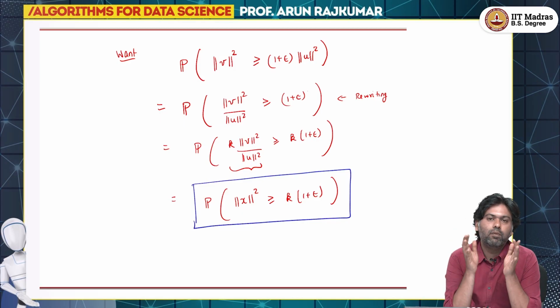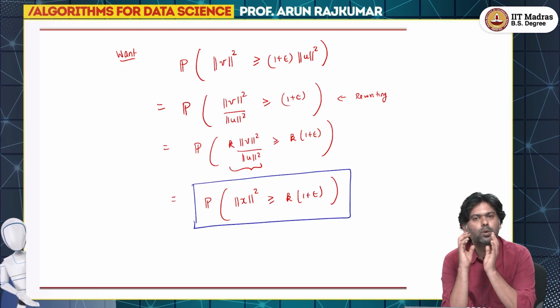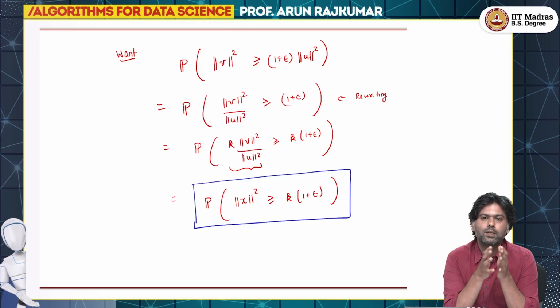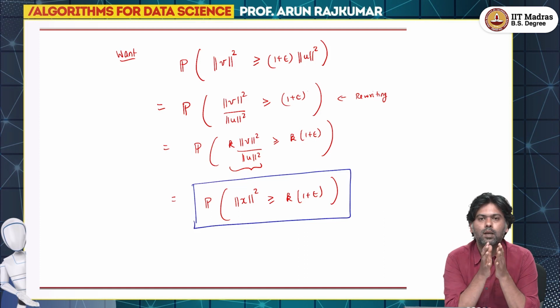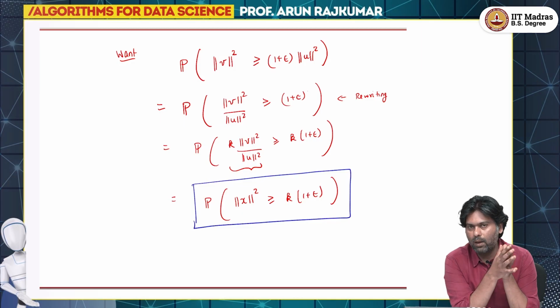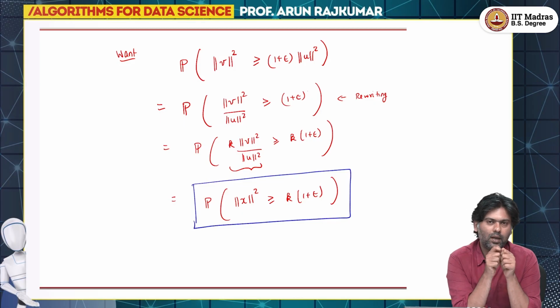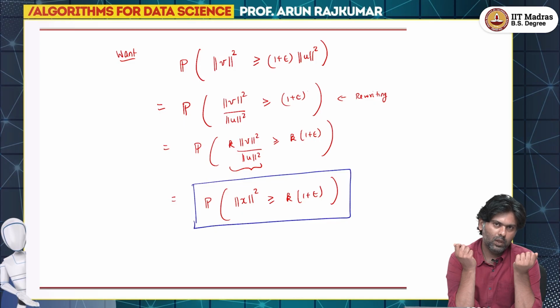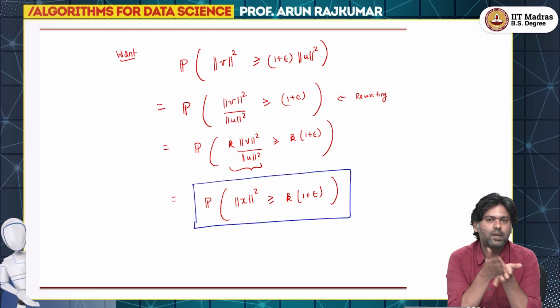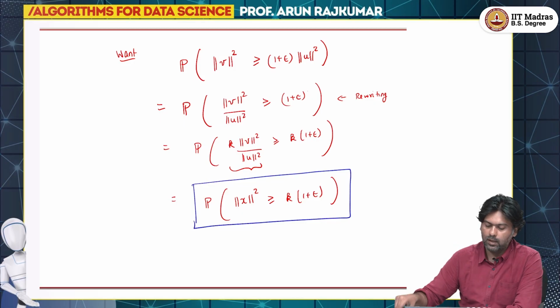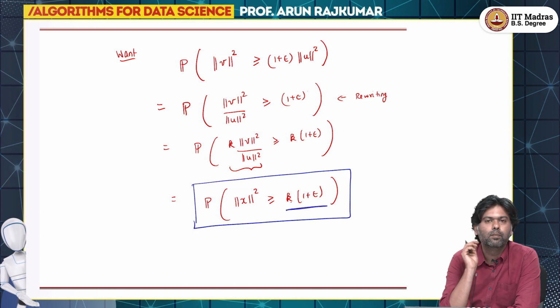With all our analysis, we have reduced it to saying that you can either study that property or you can study something much simpler, which is that the chance that a bad event happens is exactly the same as the chance that, if I generate a random Gaussian vector in k dimension, a standard multivariate Gaussian vector with mean 0 and variance the identity matrix, and I measure its length, the length is greater than or equal to k times 1 plus epsilon.